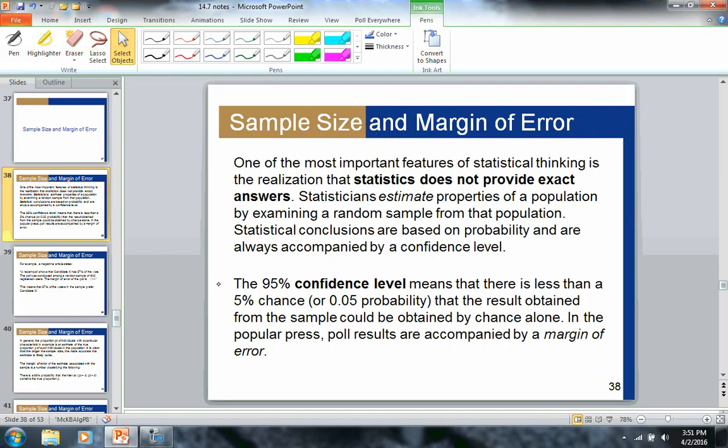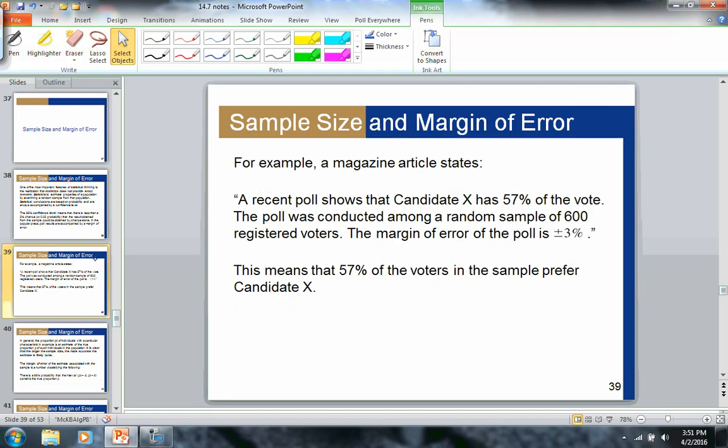So in the popular press, poll results are accompanied with a margin of error. That's how we refer to that confidence level.